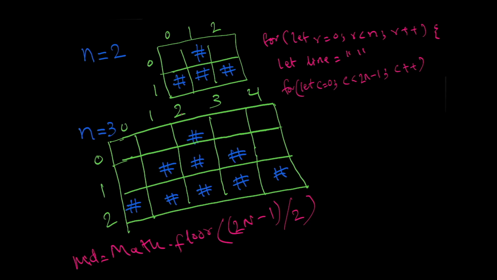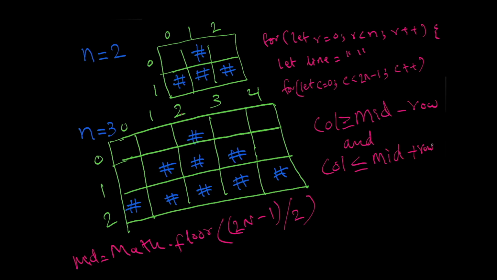If you observe this carefully, you will figure out that all the columns that have the pound symbol satisfy this condition: column is greater than or equal to mid minus row, and column is less than or equal to mid plus row.